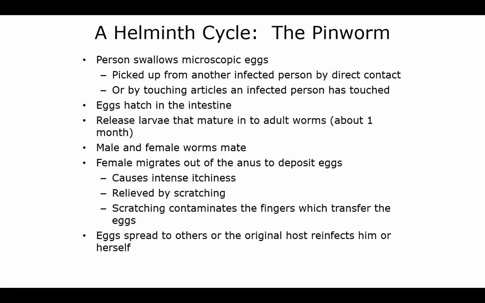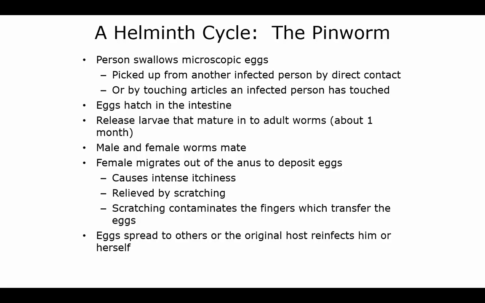And the way you get them is you swallow the microscopic eggs. Not intentionally, but you swallow them. They move to your intestine and they hatch. And they release larvae that then, within a month, are adult worms. And the males and the females mate. Now, you see this a lot in children.